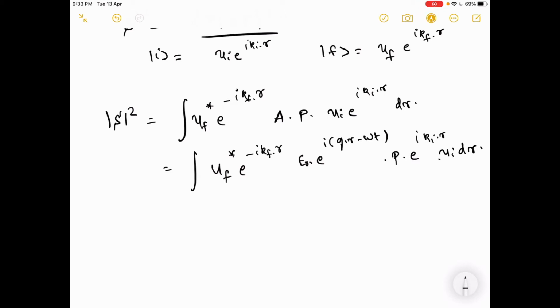Obviously the omega t is a time part which we have to take out, right? Because it was already considered previously, which will turn out to be E naught, the entire thing square.